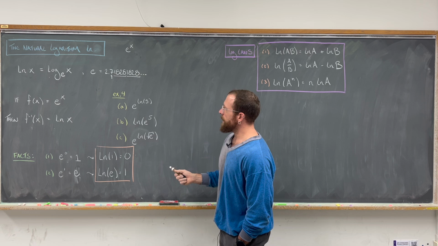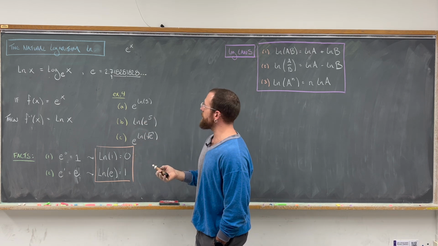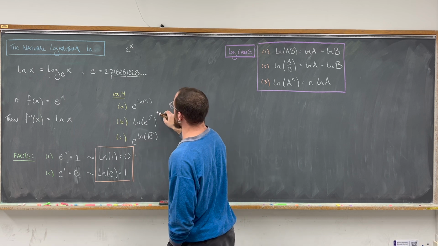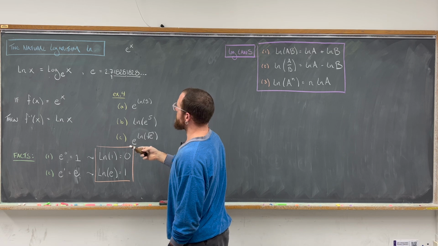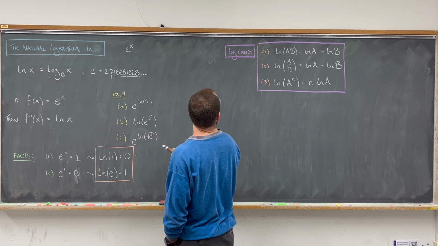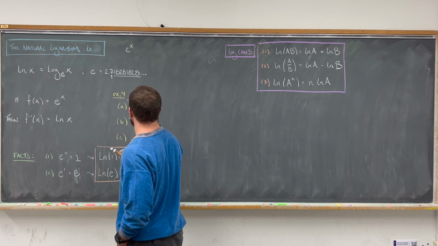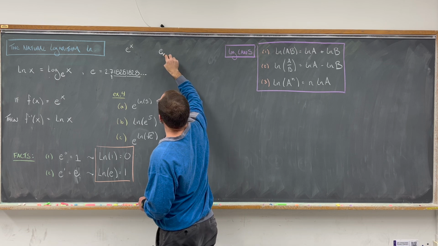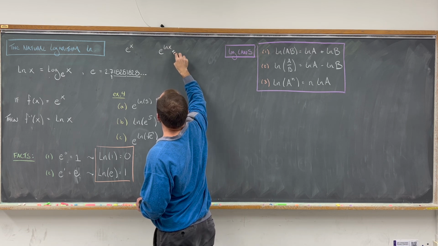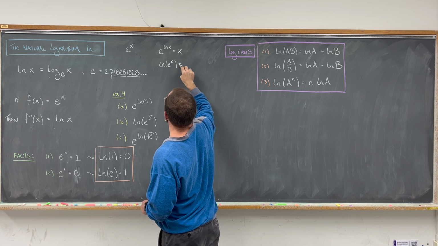All right? Now you have cancellation equations with the natural log just like you do with any other logarithm. When I write e to the ln of 3, maybe I should put down on the board what the cancellation equations look like. e to the ln of x is equal to x, and ln of e to the x is equal to x.